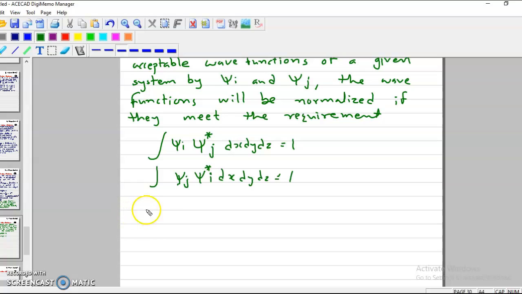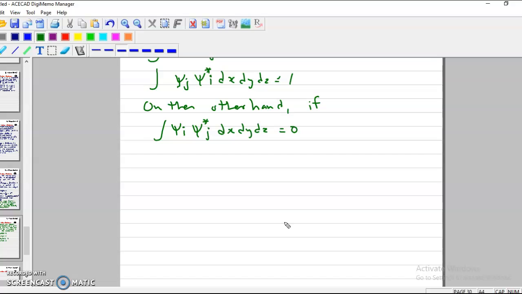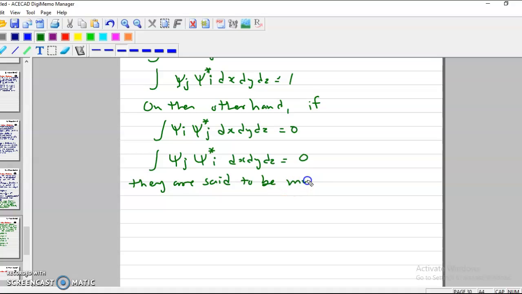On the other hand, if psi i into psi star j dx dy dz is equal to 0, or psi j into psi star i dx dy dz is equal to 0, then they are said to be mutually orthogonal.